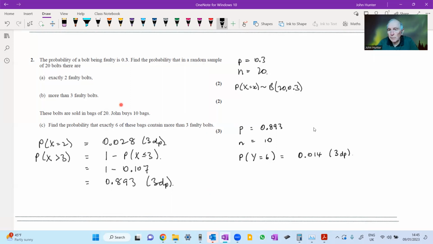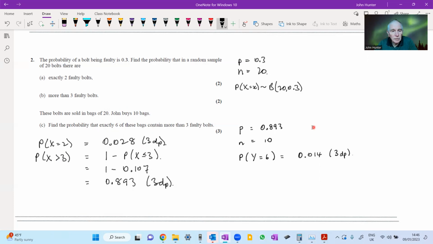Okay, so a couple of examples there as to how we use the binomial. At that level, it's actually quite straightforward, I think. All the work's done for us on the calculator. So what we have to do is identify p and n and x and plug the numbers in.